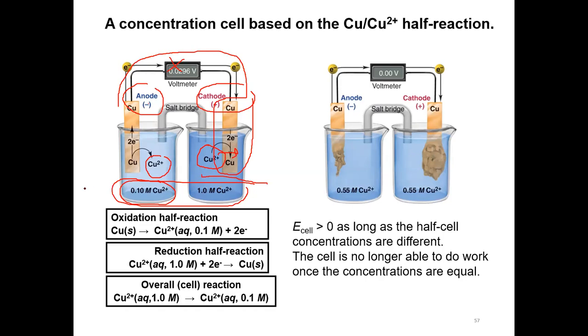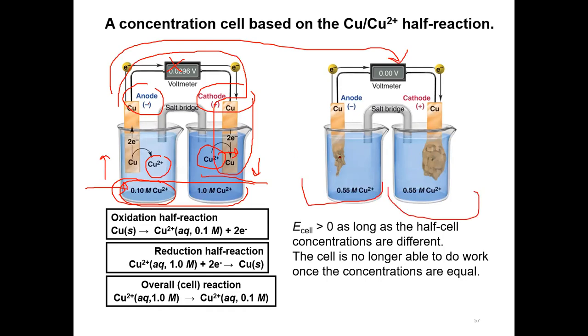So as the cell starts working, the concentration is going to go up here and the concentration is going to go down here. There will be a point when both chambers have the same concentration of copper. What you see is the copper coming out of this electrode, as we tried to show here, so you see a reduction in the mass of the solid copper metal electrode, and it is being deposited here.